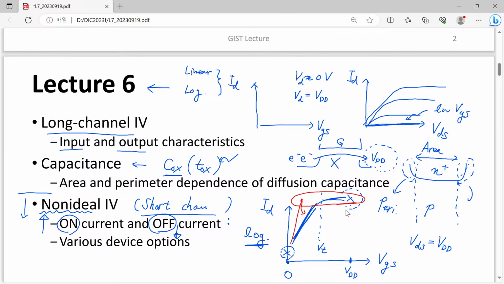After that, since there will be a certain current, if we have this kind of condition, then we can reduce our VDD value. As I told you before, a lower VDD value is always desirable in the mobile era, so we want to reduce this value as much as possible.